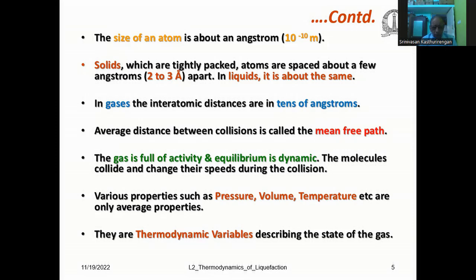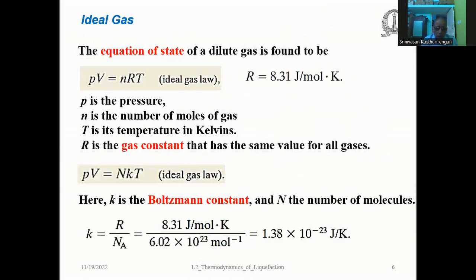Various properties such as pressure, volume, and temperature are assigned to the gas, and you can consider them as average properties of a gas. These are sometimes known as thermodynamic variables, and there are also other thermodynamic variables which describe the state of the gas. So we will come back to this when we discuss thermodynamics.